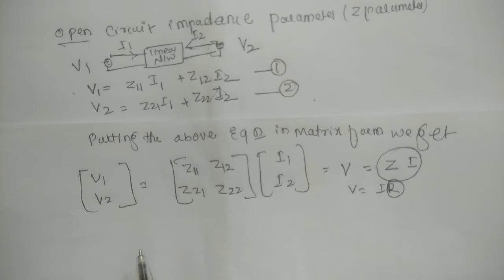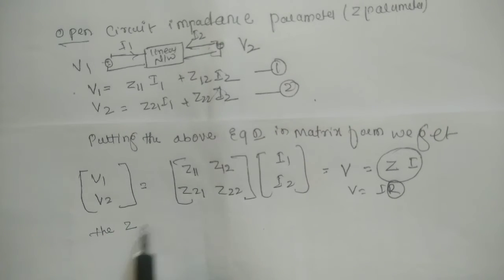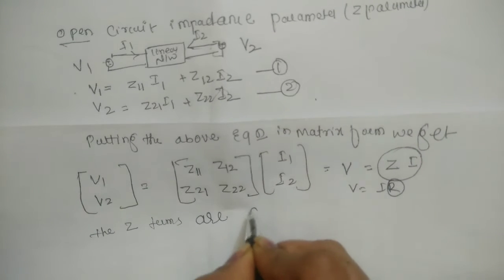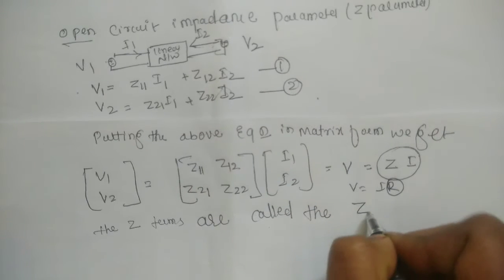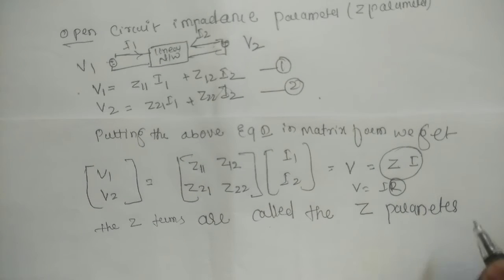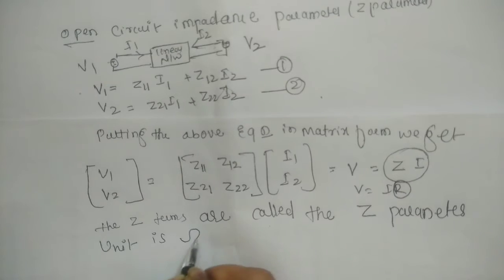The Z terms are called the Z parameters, and the unit is obviously ohm.